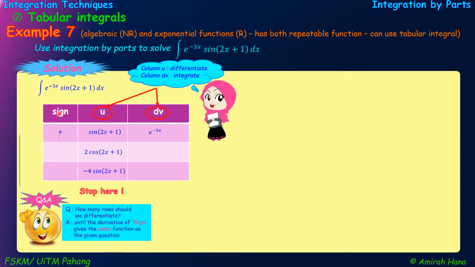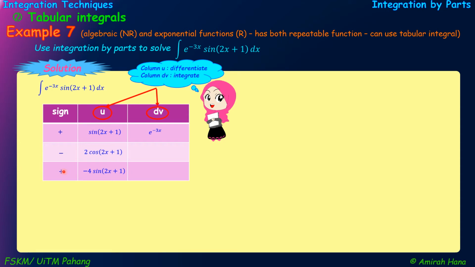After that, we fill in the sign column. We begin with positive, then alternate the sign: positive, negative, and positive. Our last row is row 3, so we stop here.